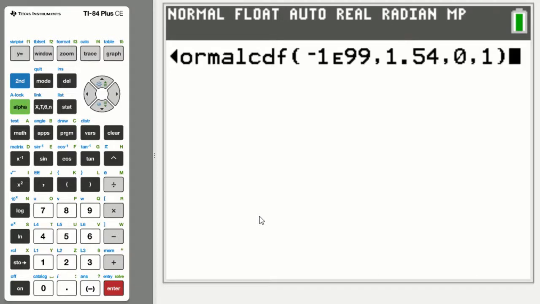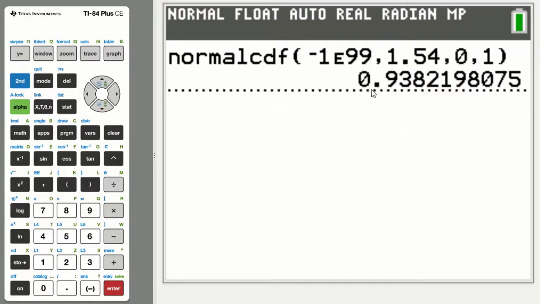The older calculator will run the same command like this, where you will have to type in these values separated by commas. And so now it's just a matter of hitting a final enter to come out to the final value. So 0.9382 is that probability.